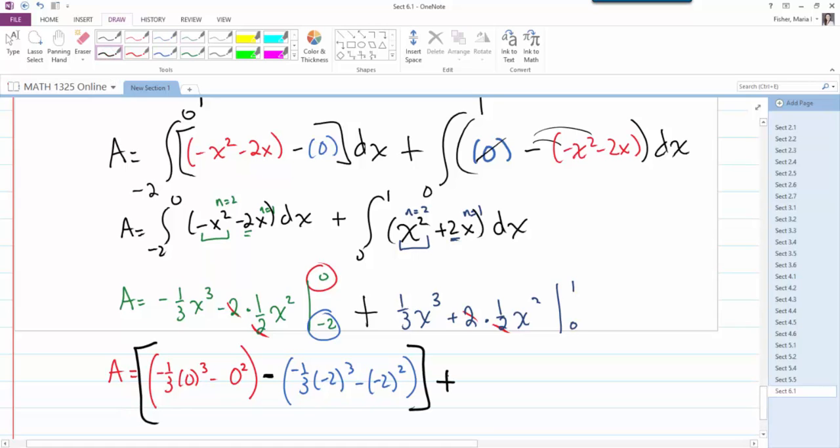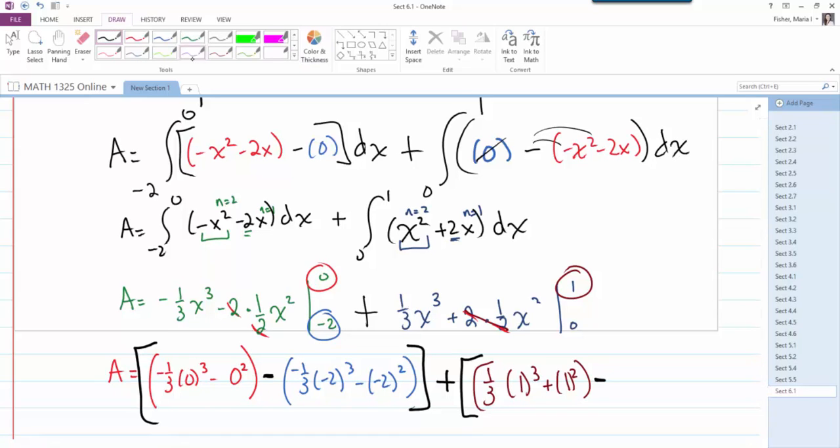And that gets added to my upper limit of integration, which would be 1/3 times 1 cubed plus, remember these 2's canceled, so it's just 1 squared, minus my lower limit of integration, which is 0, so it would be 1/3 times 0 cubed plus 0 squared.